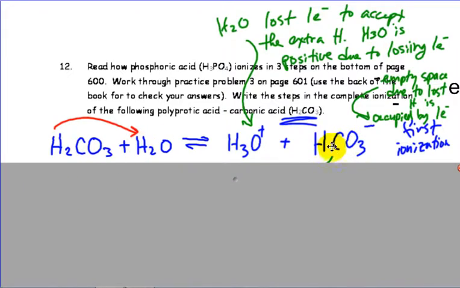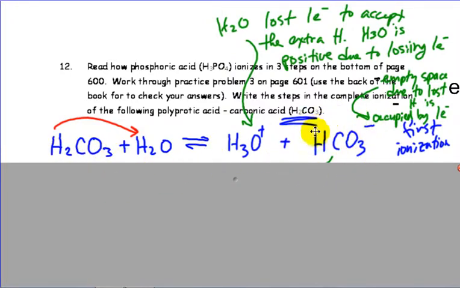Now it lost an H, it has an empty spot where that H's electron was, so it accepts an electron from somewhere else and becomes a negative one charge. So the empty space that occurs due to the lost electron is now occupied by a new electron, so it becomes negative. So this is called the first ionization, the first breaking down of the acid.